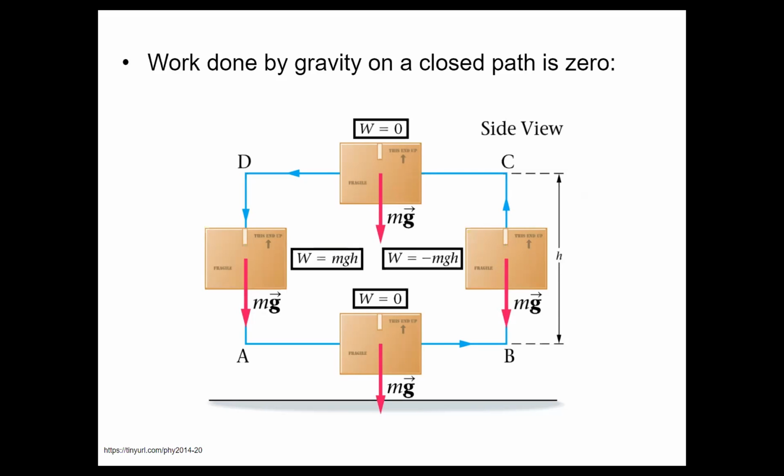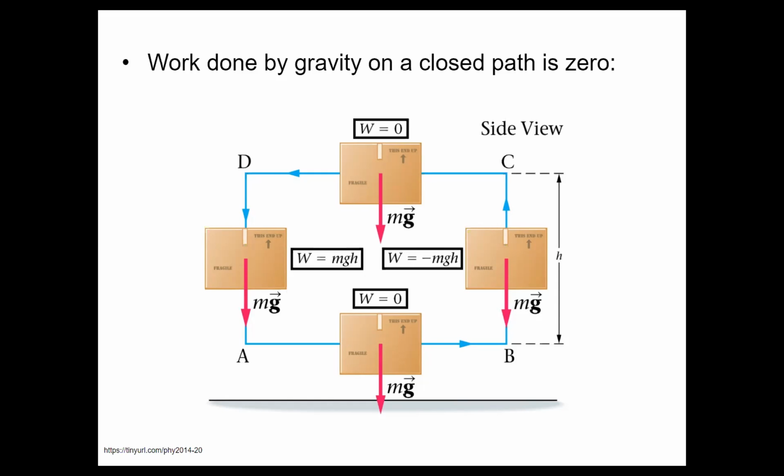On the top here from C to D, again, force and displacement are perpendicular to each other, so work is zero. But from D back to A, force and displacement are in the same direction, so it's positive mgh. If you add up the work done during these four parts of the motion, you will figure out the work will add up to be zero.